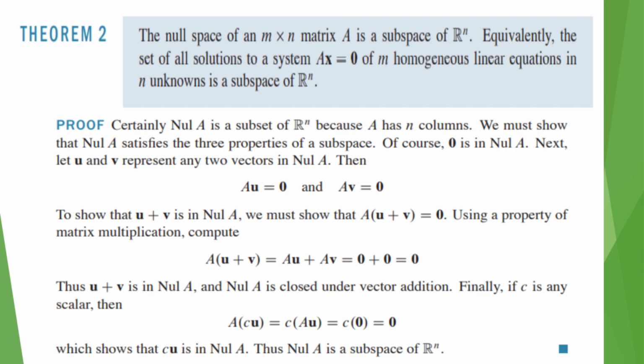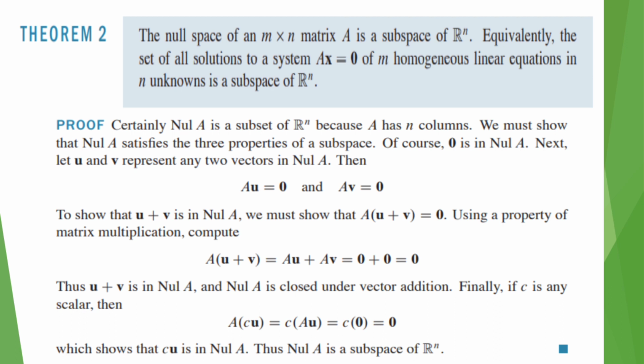So null space is a subspace of R to the power of the number of columns of the matrix. Null space means x such that Ax equal to 0 bar. If Ax equal to 0 bar, then x is an element of null A.